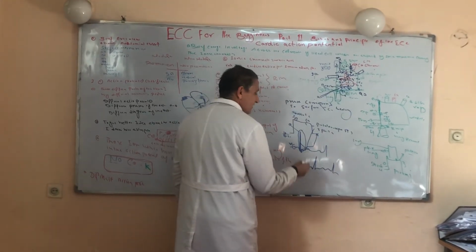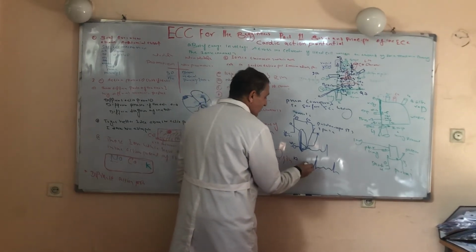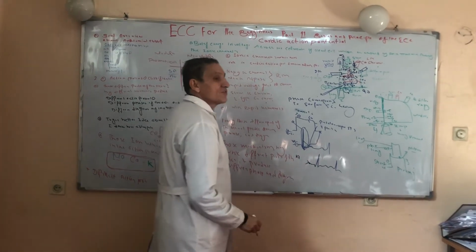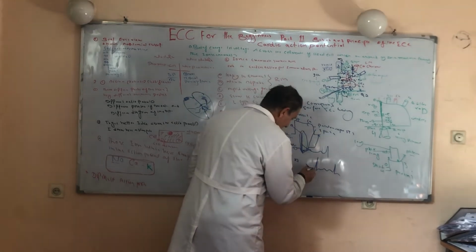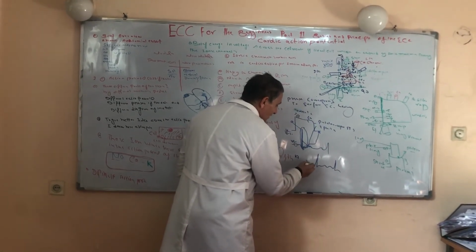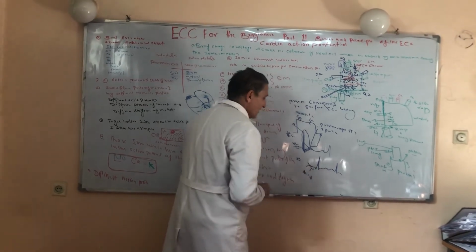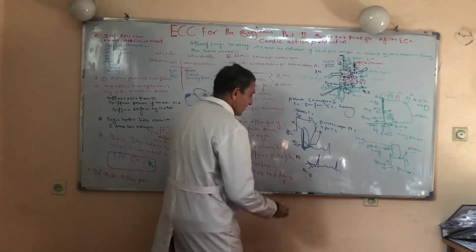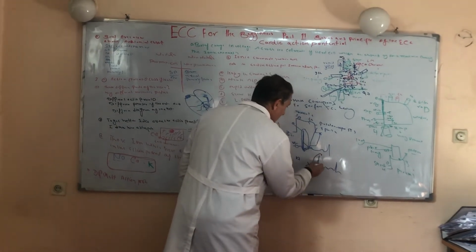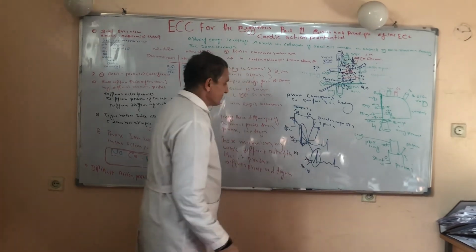How should I correlate this action potential to the surface ECG? This P wave reflects atrial depolarization. This PR interval represents conduction velocity through the AV node. This PR segment represents AV nodal conduction. This QRS complex is represented by this phase.